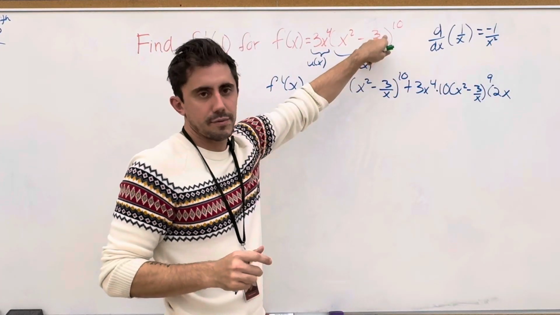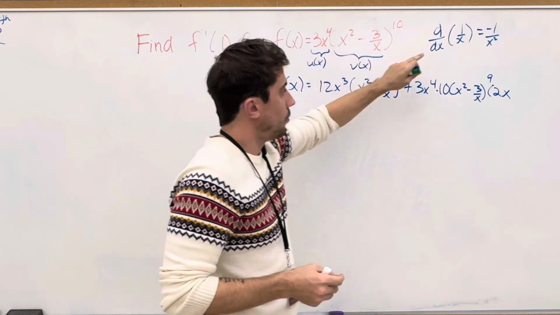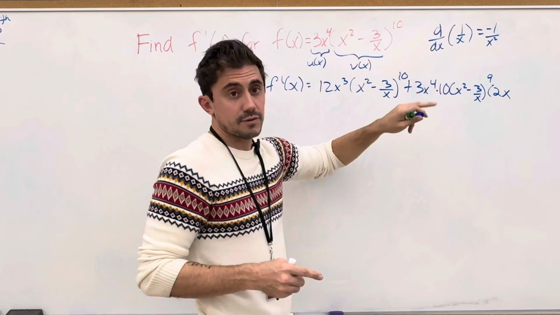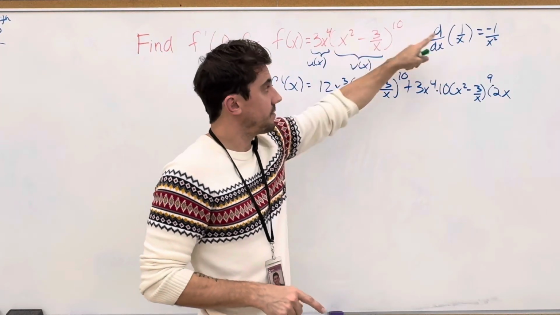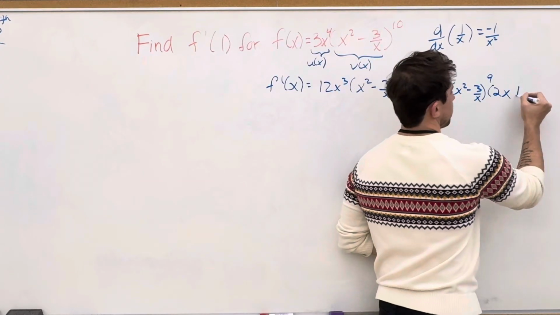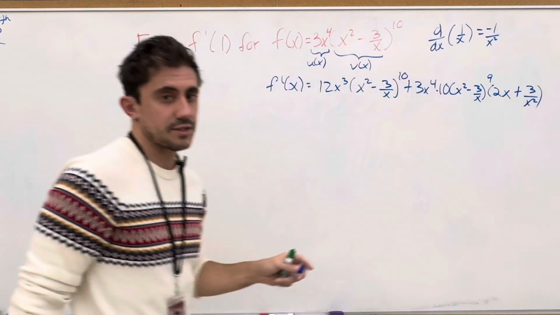That 3 on top just stays as a 3. And so the derivative of 1 over x is negative 1 over x squared. So negative 1 over x squared is positive 1 over x squared, right? The negative with that negative make a plus. And then we have the 3 on top. And so we have 3 over x squared, like so.